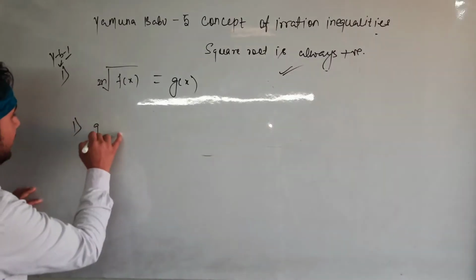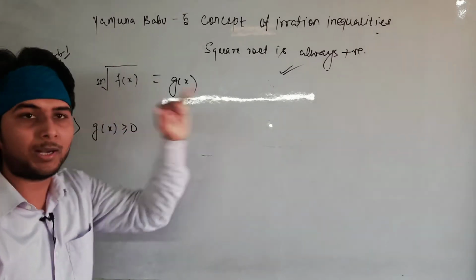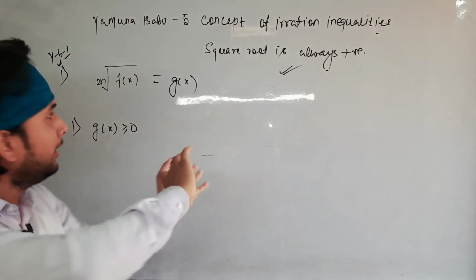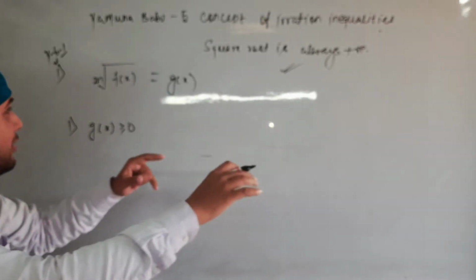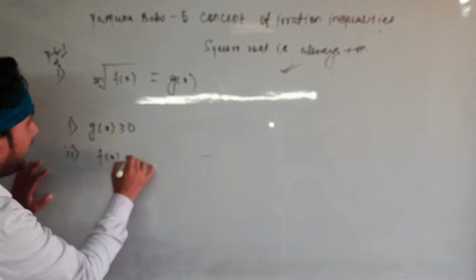That is the first point: g(x) must be positive. Then you can apply whole square on both sides.